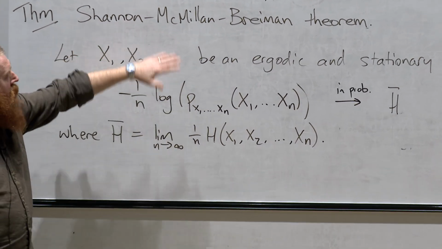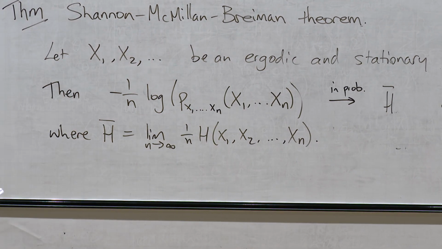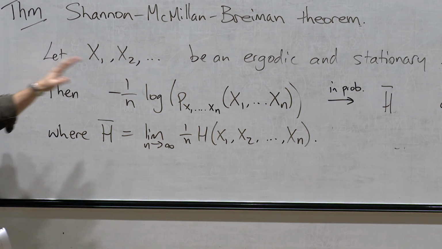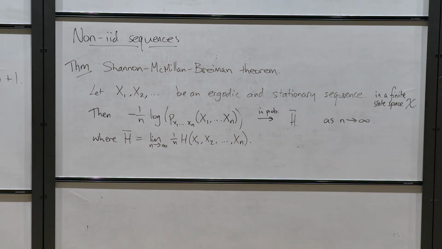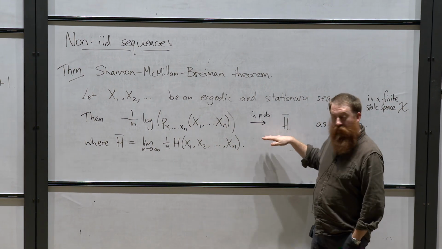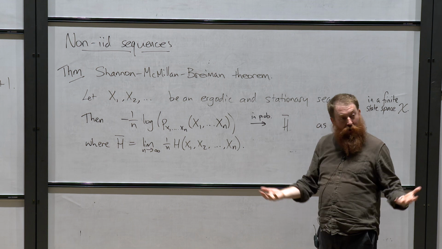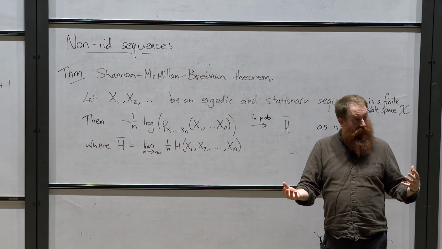What Shannon, McMillan, and Breiman show is that if you have an ergodic and stationary sequence, this always happens. Why do we care about this? Well, it means that if I've got an ergodic and stationary sequence, I can still talk about this type of convergence. I can still talk about typical sequences, even though I don't have independence.